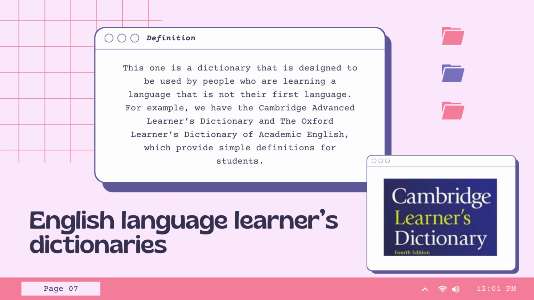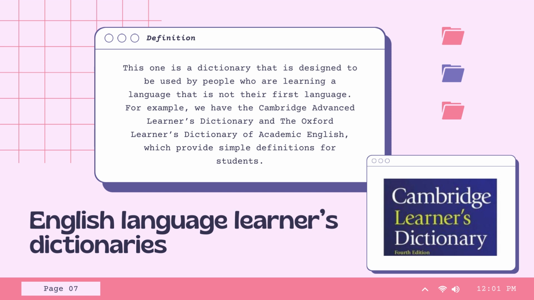For example, we have the Cambridge Advanced Learners Dictionary and the Oxford Learners Dictionary of Academic English, which provide simple definitions for students. They're not going to be as complicated as what you can find in a generic English language dictionary.